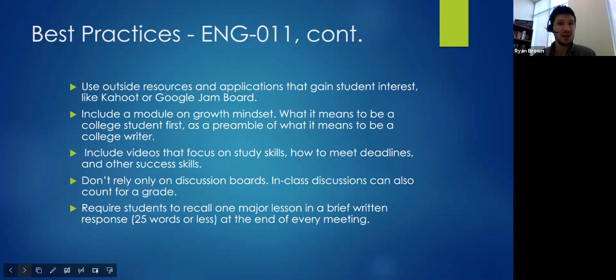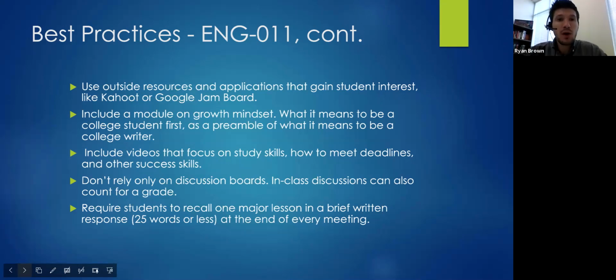We use different technologies in English 011, such as Google Jamboards, Kahoot, which can create some interactive games. I've used in my class a website called Poplet, which allows students to create an electronic mind map. It's especially helpful when working on organization.